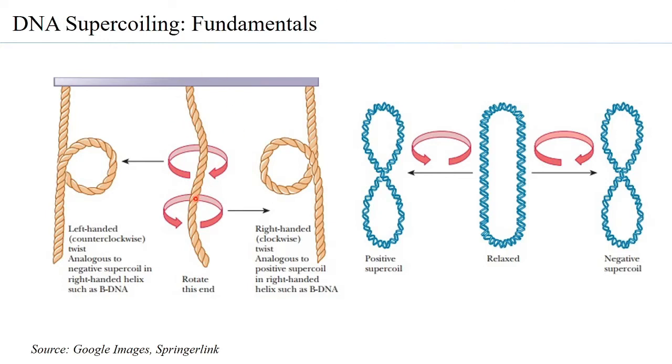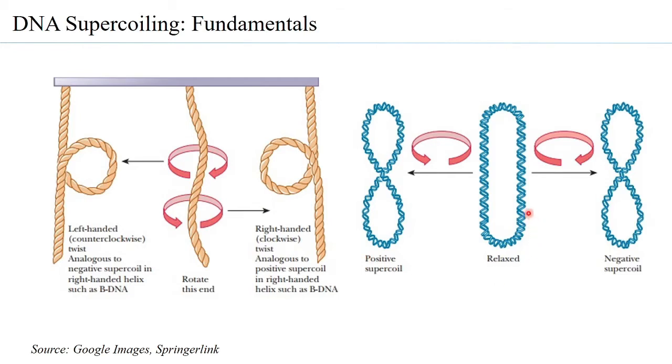However, when it is coiled the other way, so a right-handed coil is coiled towards its left, then what you get is a negative supercoil. So both the structures are supercoiled, but the direction in which it supercoils decides whether it is a positive supercoil or a negative supercoil. Now the same applies for the closed circular covalent DNA as well.